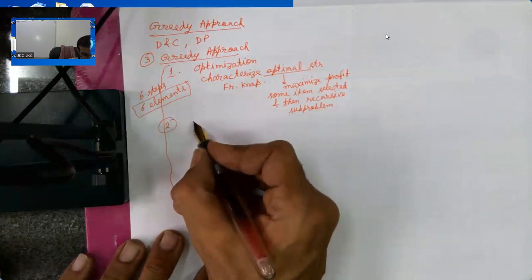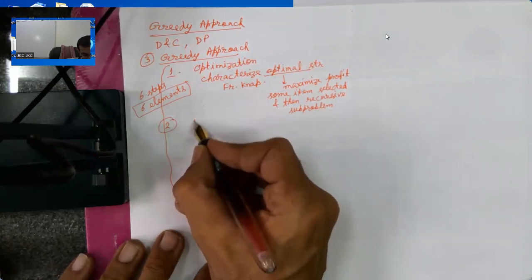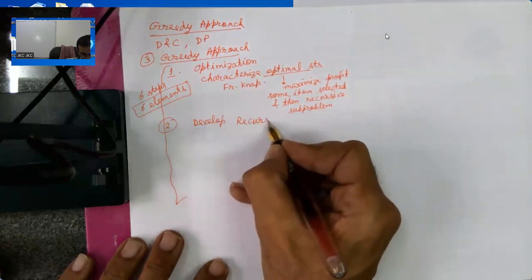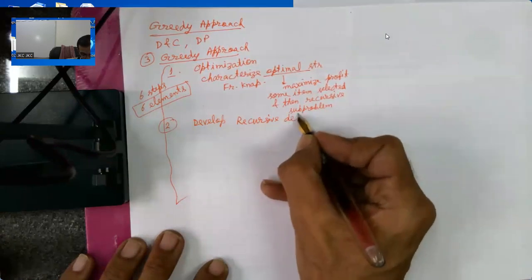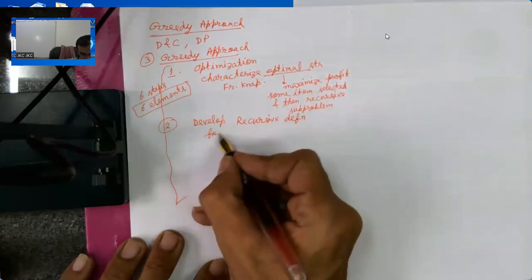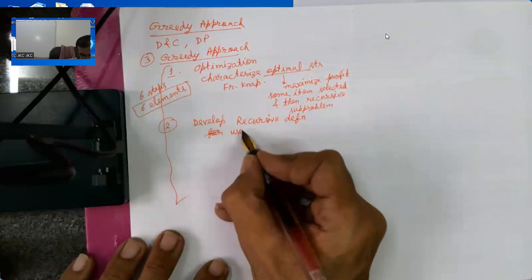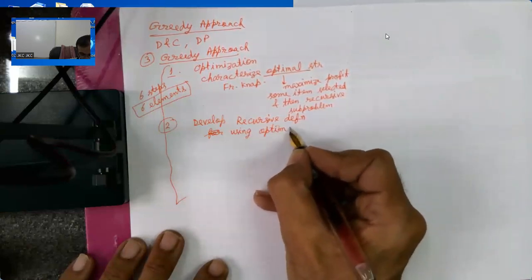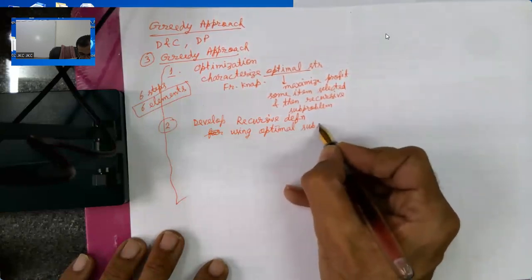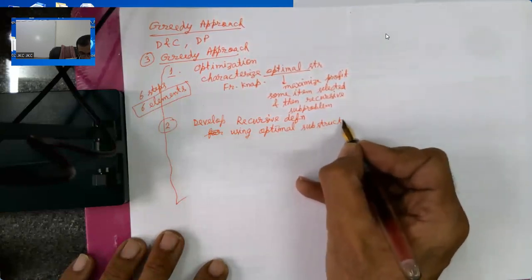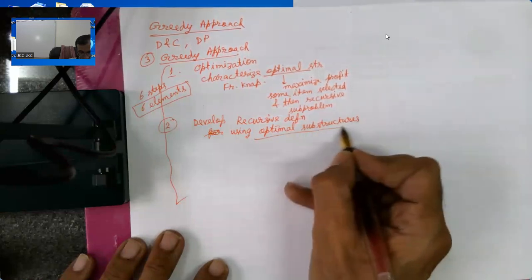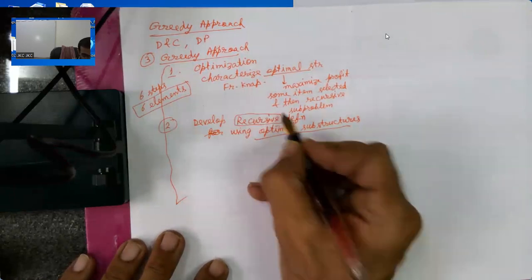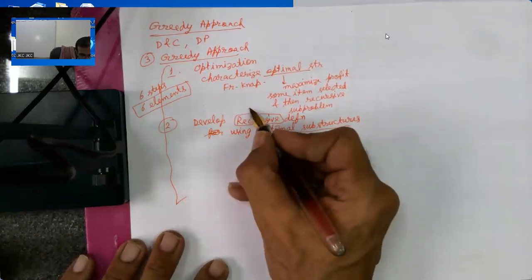So the second step becomes: develop or find out your recursive definition, very similar to what we have done earlier, using optimal substructures. My problem will be narrowed down to a substructure, and recursive could be the word which the book has used, but it might not be compulsory.